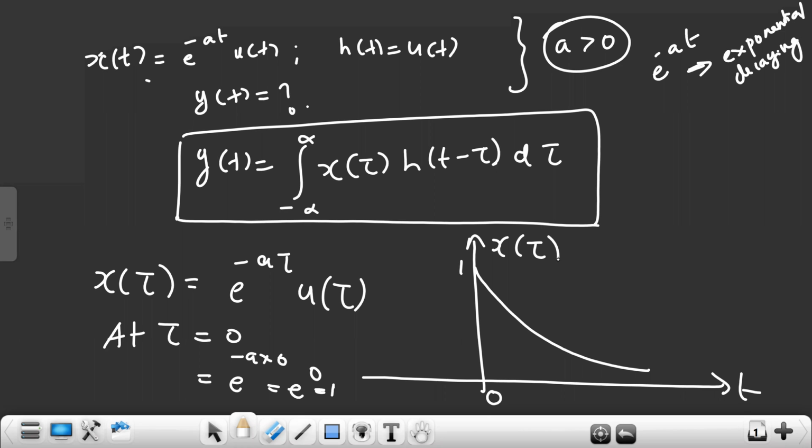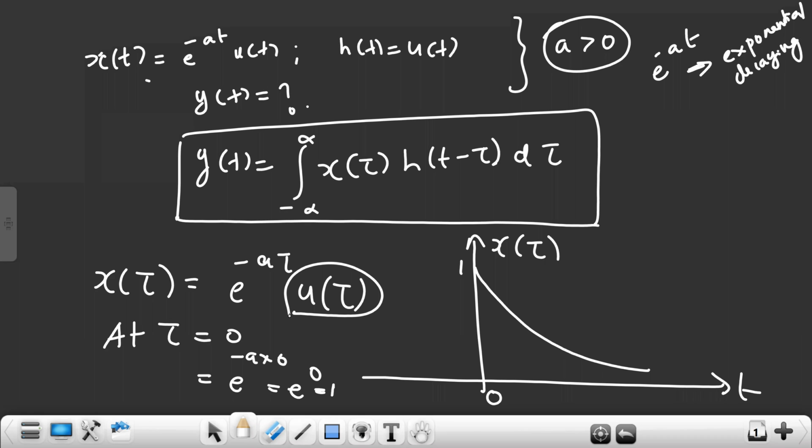The signal is not confined to the negative half because the signal is multiplied by u of tau. And what is the speciality of u of tau? U of tau will exist only for tau greater than or equal to 0. That is why the entire signal x of tau is confined from 0 to infinity, and we don't have any signal on the negative x-axis.